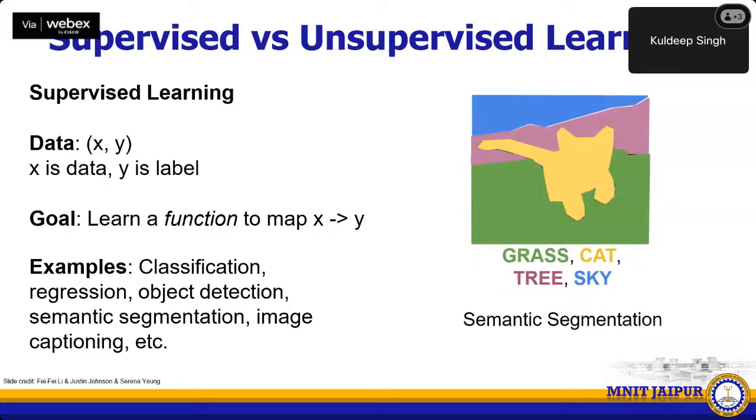The third type of supervised machine learning could be semantic segmentation. In contrast to object detection, where we have a bounding box, here you are classifying each of the pixels. You are assigning a category to each pixel in the image. So here we have a clear boundary of each of the objects in this image, that is semantic segmentation.